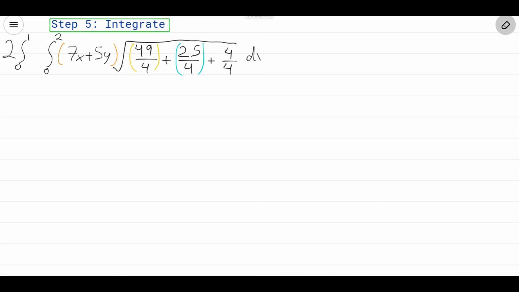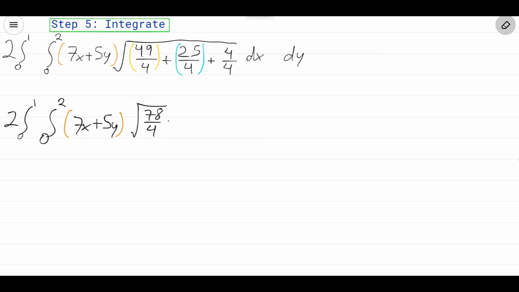So now times dx and dy. So with respect to x, the first thing we're going to do is simplify that radical. So 7x plus 5y, and then we know 49 plus 25 plus 4 is equal to 78 divided by 4, and dx and dy.